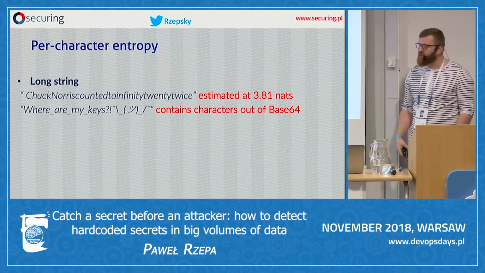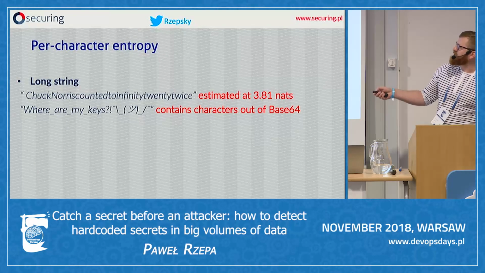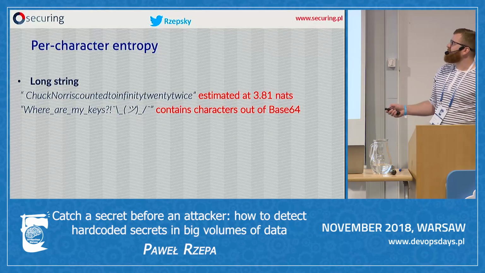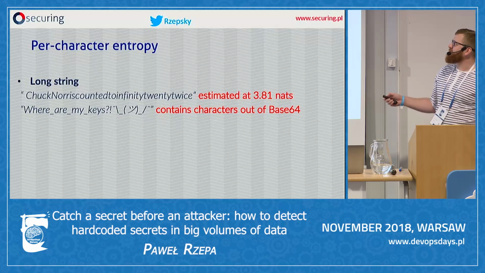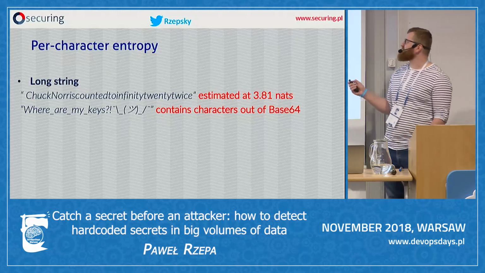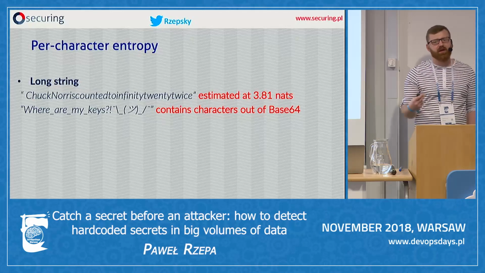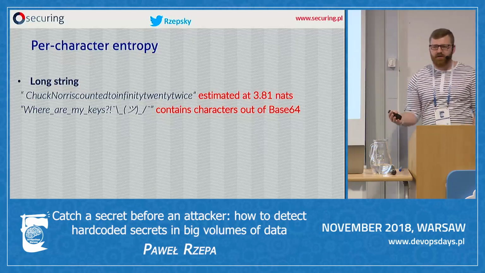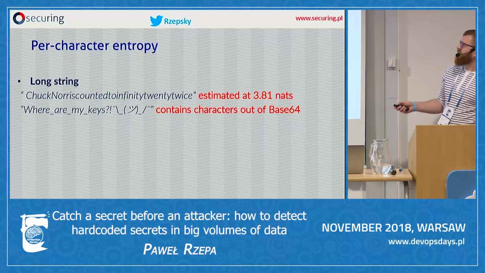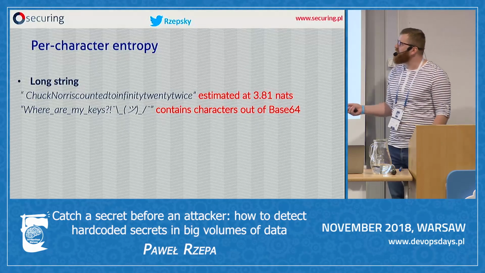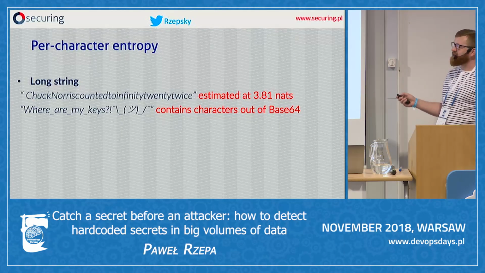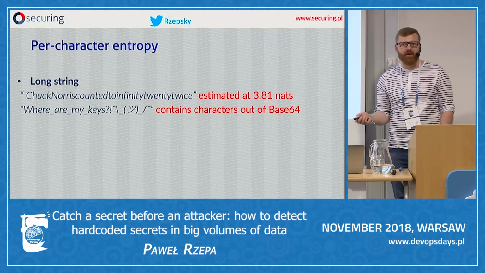So how does it work in practice? For example, if you have a string, Chuck Norris counted to infinity 20 twice, it's 40 characters. And the per character entropy of this string is estimated at 3.81 nats. Nats is the unit when you are counting the entropy using the natural logarithm. Another string, with the shrug emoji, will not be taken into account because it contains characters out of base 64, right?